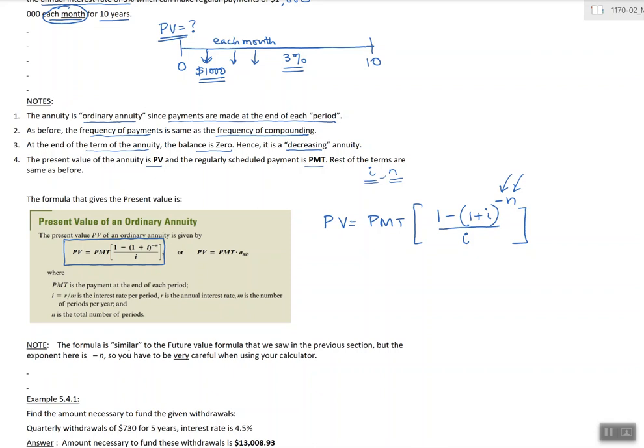The formula is similar to what we have seen, but the exponent is negative n. So you have to be very, very careful when using your calculator.